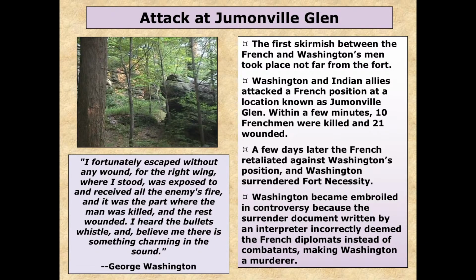Thus implicating George Washington as a murderer, when in reality, it was soldiers fighting soldiers. But anyways, George Washington, this dude, he must have 9 lives or something, because I swear this guy always gets shot at and survives.